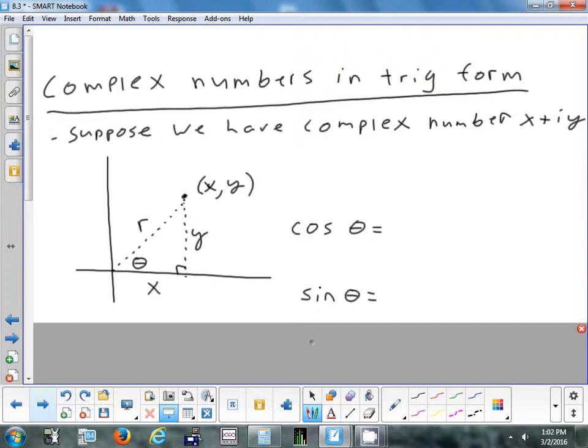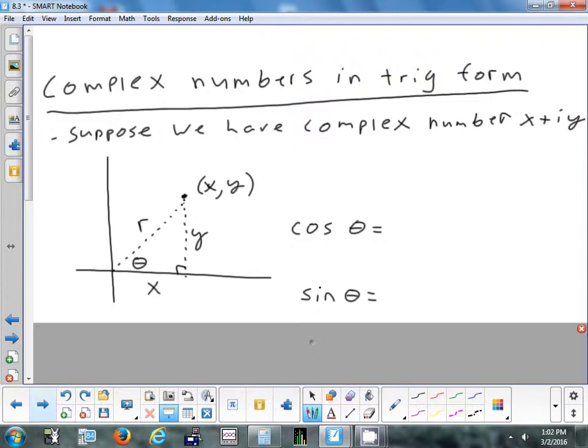The radius is the distance from the origin to your point. I'm going to write that down in a little bit. For now, all I want to do is, in this formula, x plus iy, get rid of x and get rid of y, and rewrite them using r's and thetas.